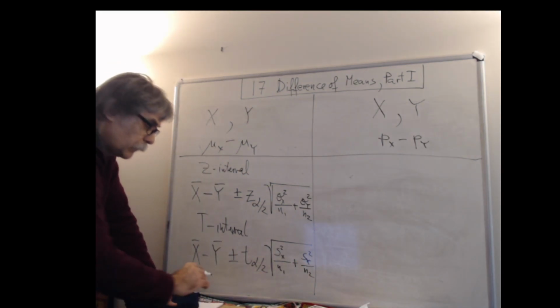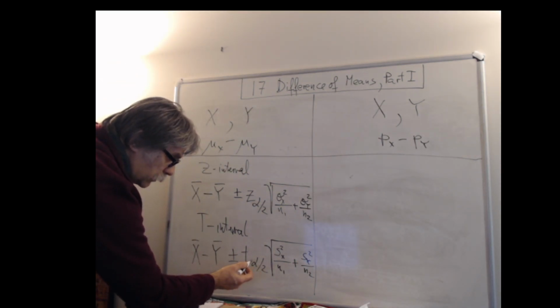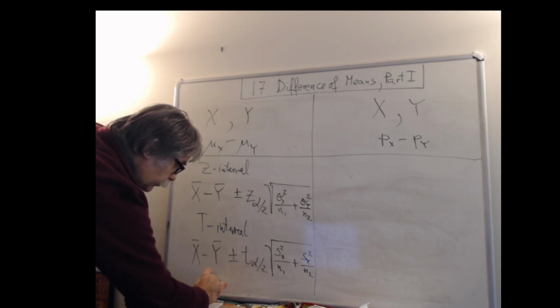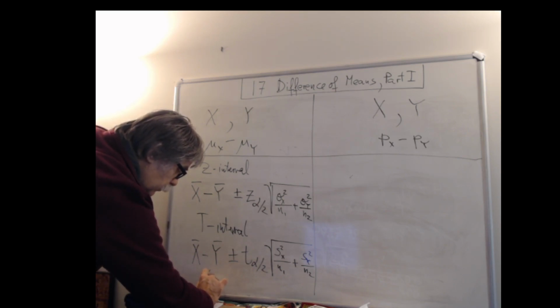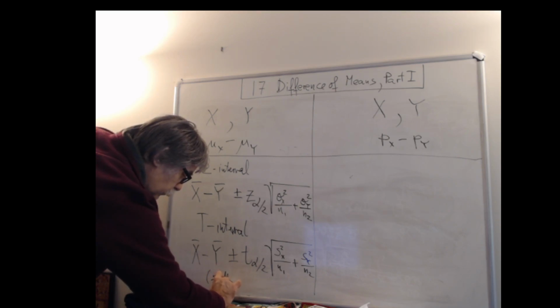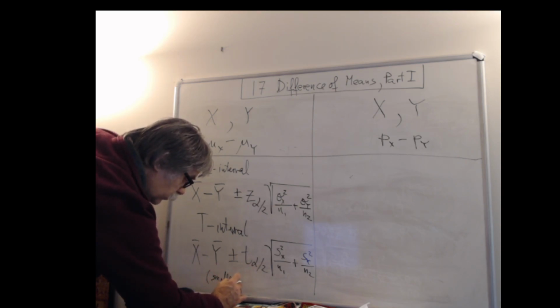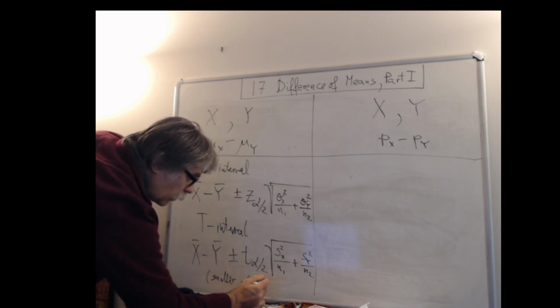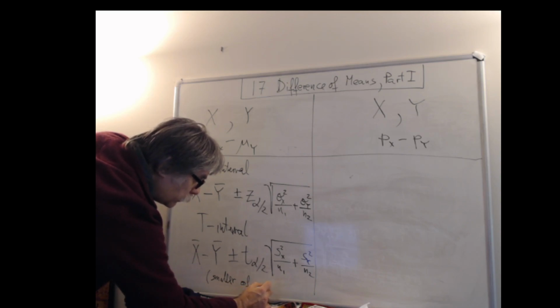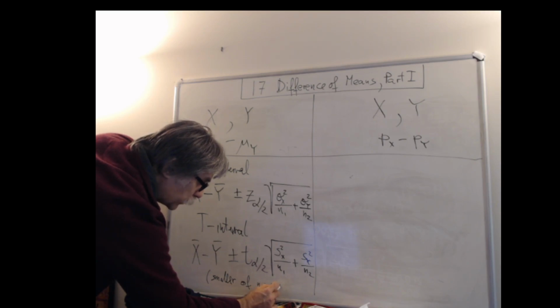Okay? And this t-value will be relative to the smaller of n1 minus 1 and n2 minus 1 degrees of freedom.